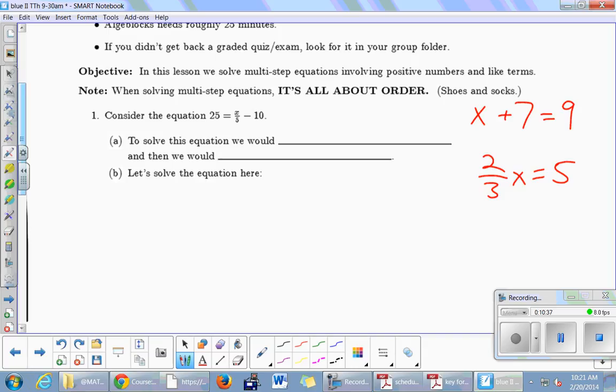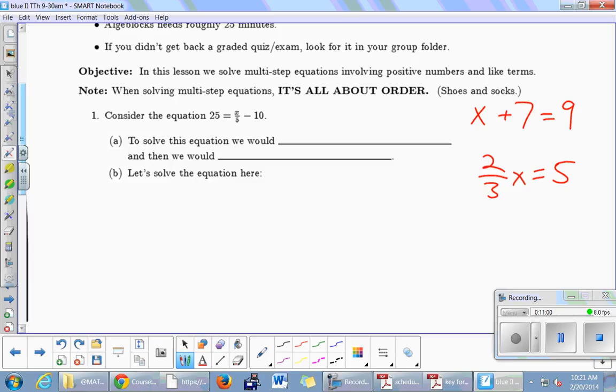Because these problems here in red involve one operation. In the first one, there's one addition. In the second one, there's one multiplication. Yes? And so to solve these equations, you have to just undo one thing. But how many operations are there in problem number 1? There are 2. There's a division by 5, and there's a subtraction of 10. So this is now more complicated than the ones that we did before.